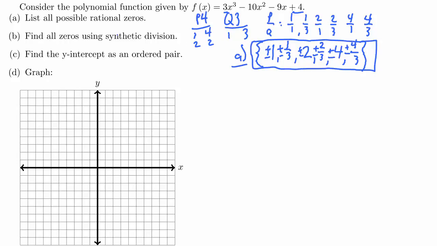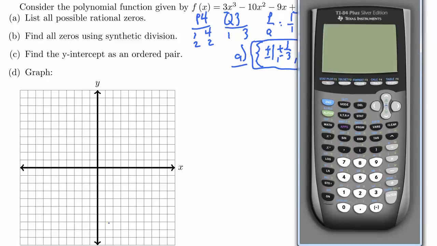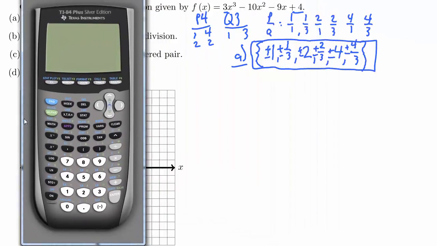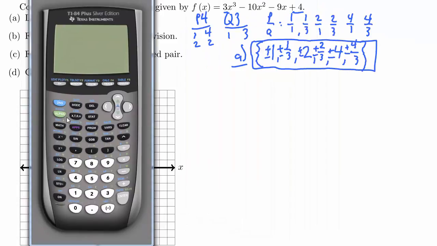Now, look at B. We want to find all zeros using synthetic division, which means we can randomly pick out a number from here and use synthetic division to see if this is a zero of the original function. However, that is a little bit tedious, so what I want you to do is take your calculator and type this function into the calculator. Go to y equals here.